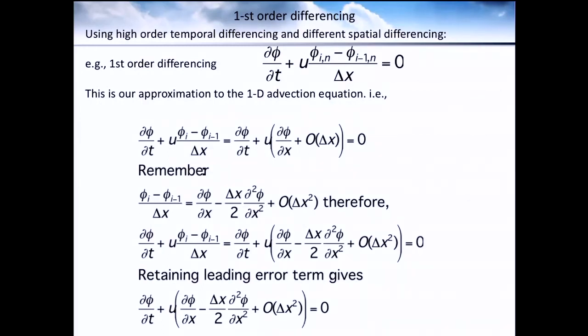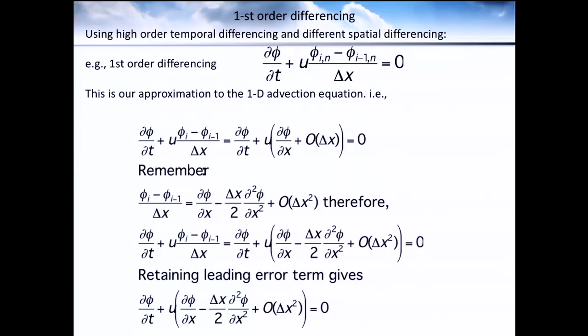But we can use our Taylor series. Here's one that I prepared earlier. Hopefully this looks familiar to you. This is Taylor series. You may have seen it in high school or first year uni, where phi i plus 1 is equal to phi i plus delta x d phi dx plus delta x squared on 2 d2 phi dx squared plus higher order terms.